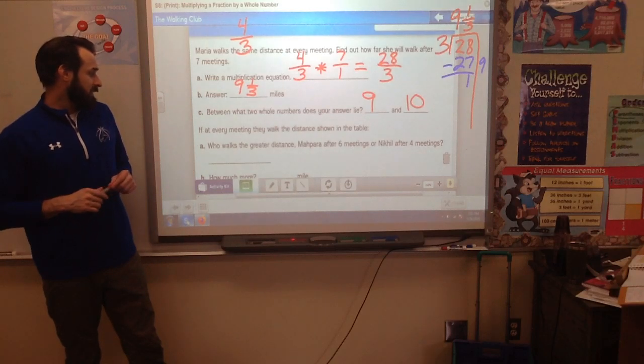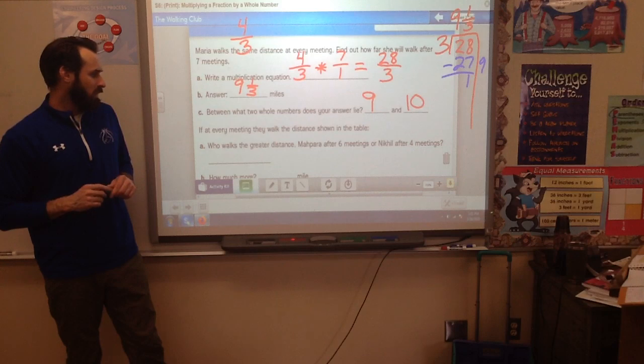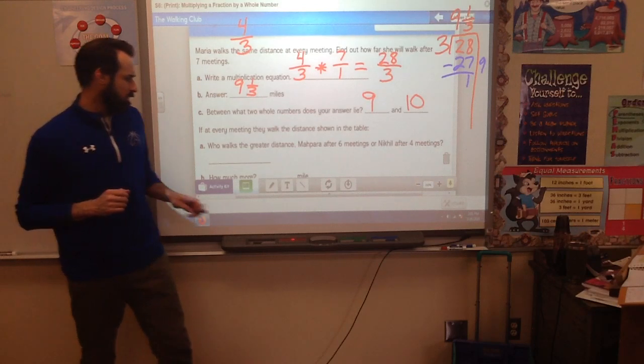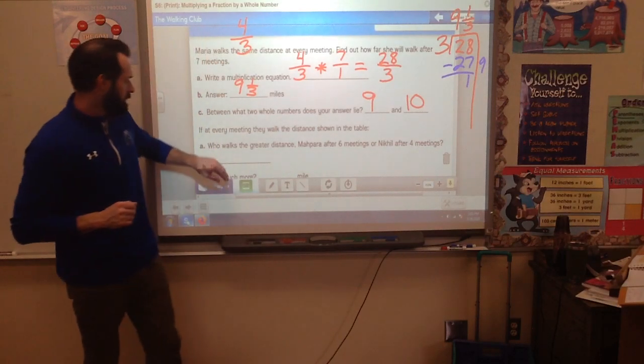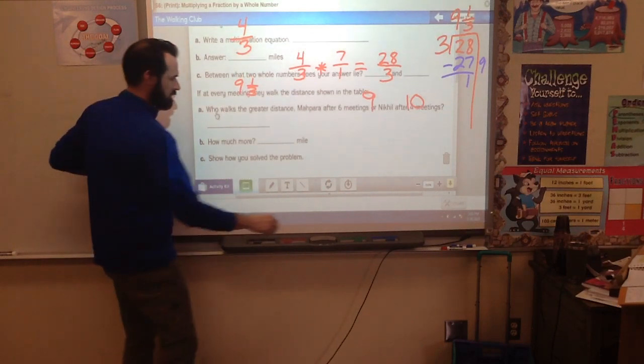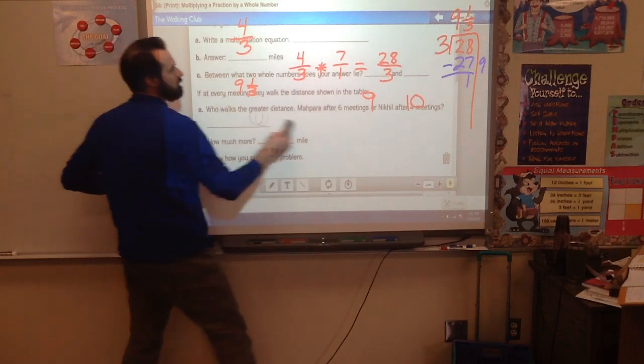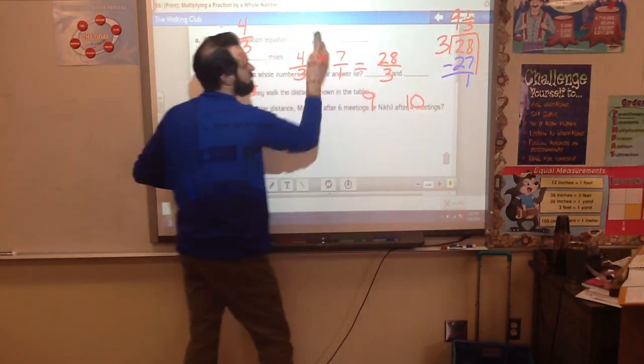Next one says, if at every meeting they walk the distance shown in the table, who walks the greater distance? Mapara after 6 meetings, or Nikhil after 4 meetings? So I'm going to erase this.